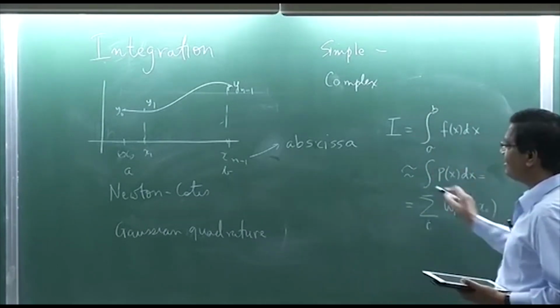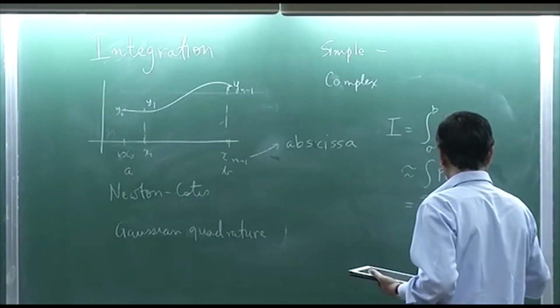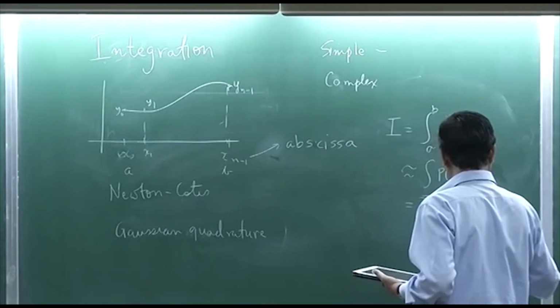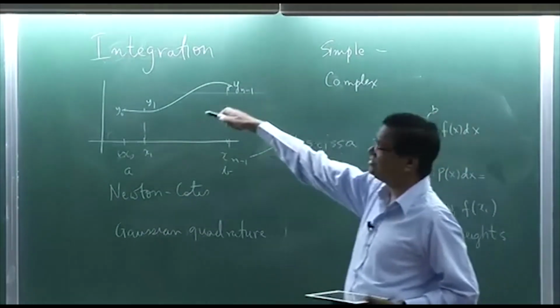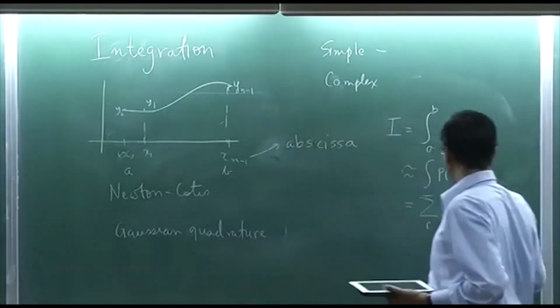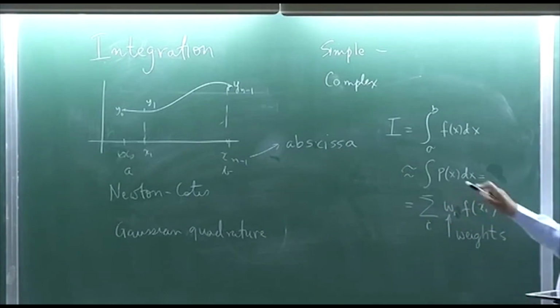So these xi's are abscissas and these wi's are called weights. So this function is known to me, these are all yi's, and just multiply by wi, and then I get the integral. So of course our objective is to compute wi's.